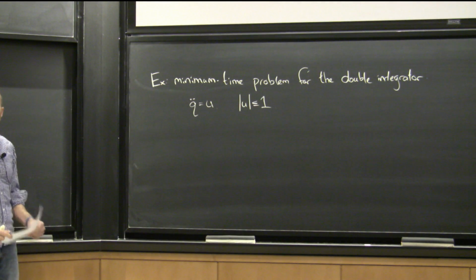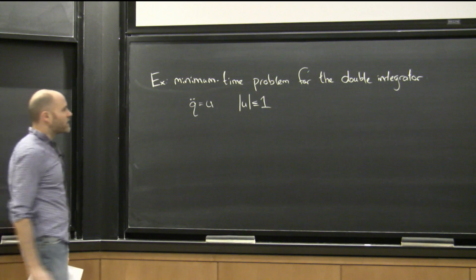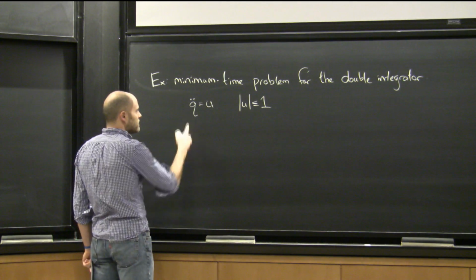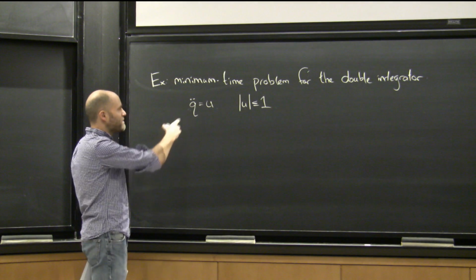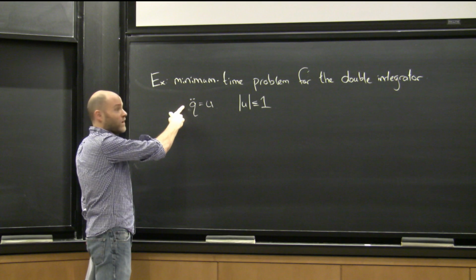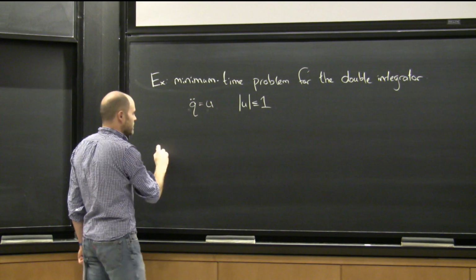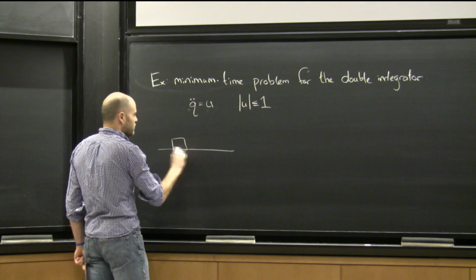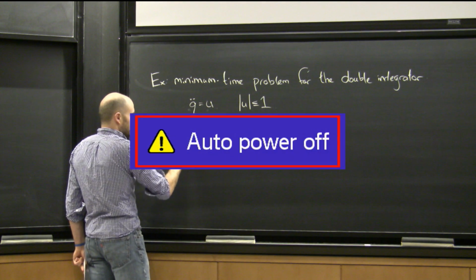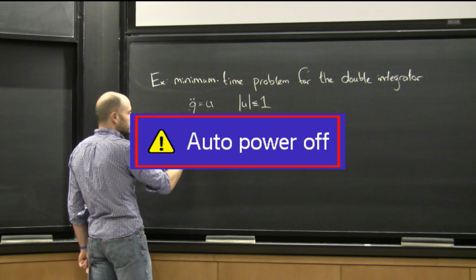If you want to think about this physically, and I always do, a good way is to think of this as F equals ma, so you have a mass of 1 and some force being applied to that mass. I always think of it as a brick on a frictionless surface that someone is pushing with some force u.